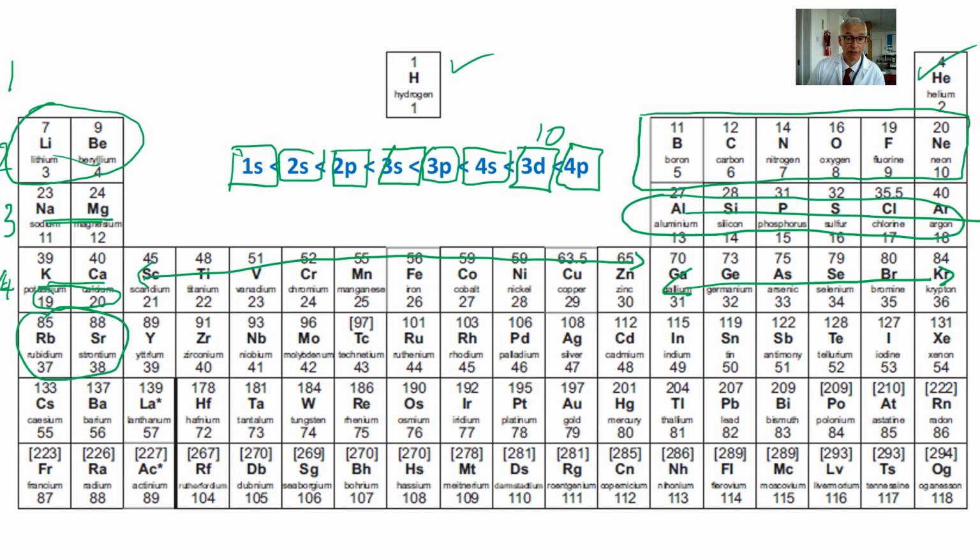Then 4d, 5p, etc. But as far as A-level is concerned, you only need to know the filling up to that point. But the periodic table will reflect future subshell energy levels, the future order of filling of the subshells.